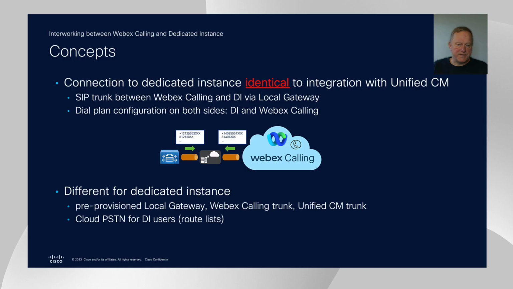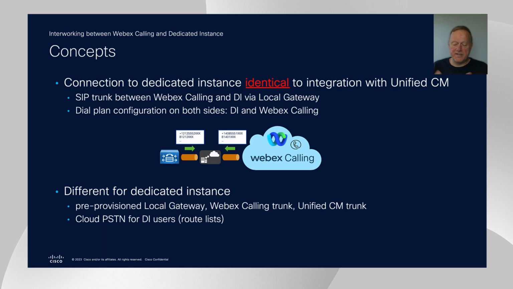There are a few differences between the integration to Dedicated Instance and the trunking to Communications Manager. Specifically, the local gateway and the trunks, both on Communications Manager and on Webex Calling, are pre-provisioned when we talk about Webex Calling Dedicated Instance.